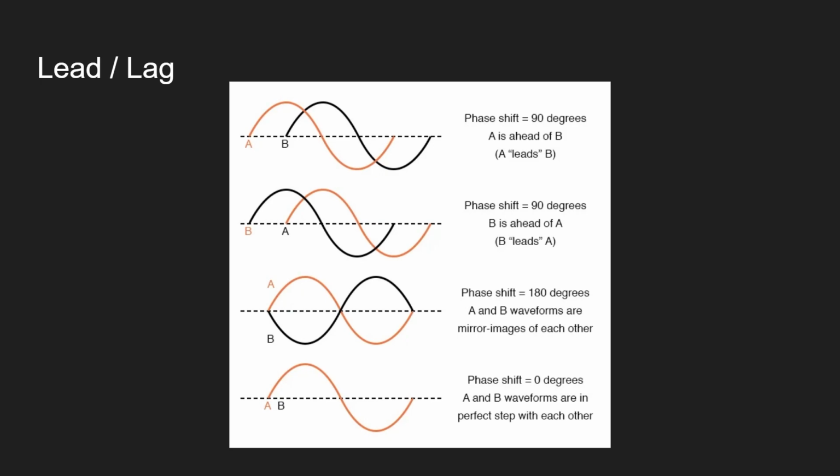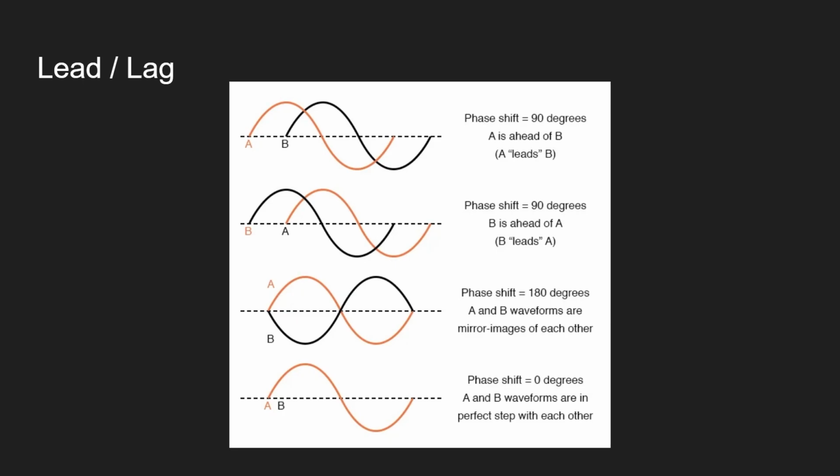Sometimes we may have to compare two sine waves or two ACs. As I've just mentioned earlier, in our AC, voltage is faster than the current by 90 degrees.